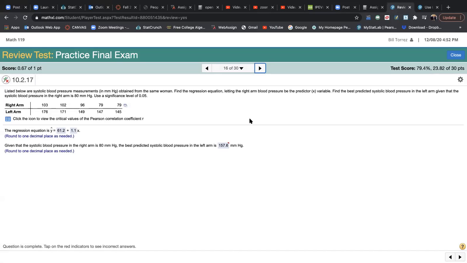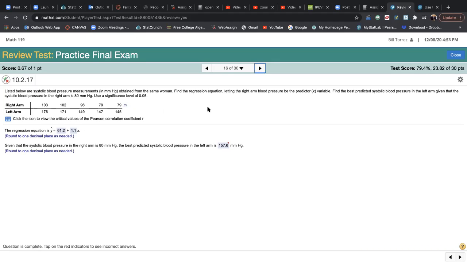Number 16 is another regression problem where we'll look at the data here, and let's read the problem. Listed below are systolic blood pressure measurements in mmHg. I'm not sure about that abbreviation, it may mean millimeters, but that doesn't really make sense. Measurements obtained from the same woman.